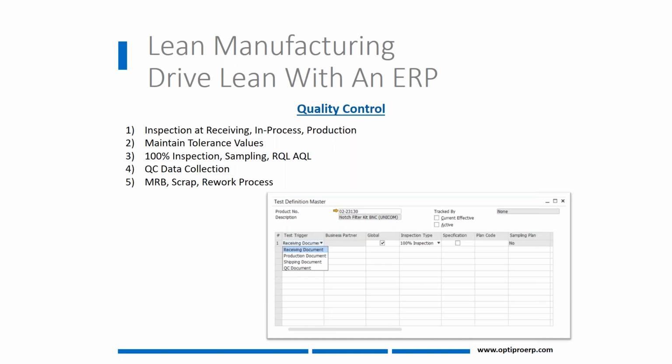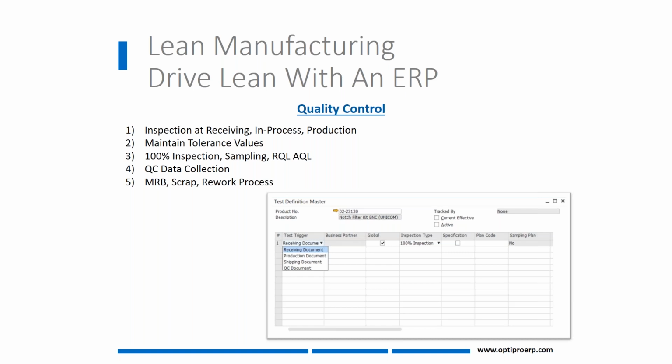Certainly, you have to be able to collect the QC data. You obviously use it for internal analysis. A lot of your customers want inspection sheets. So within OptiPro, we have the capability of capturing all of that data and transmitting that data. Within OptiPro, we can have a traditional walk up to a PC and do your inspection, enter your values, or, more currently, more real time, we have QC on mobility, so you can actually have a tablet.